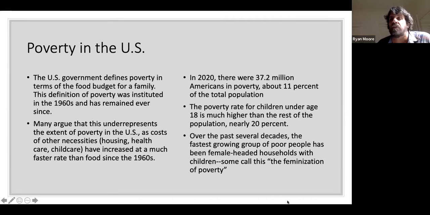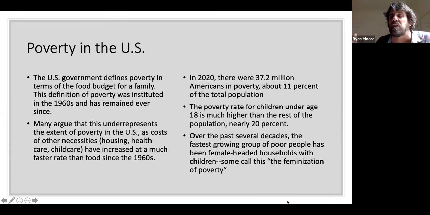The United States government has a measure of poverty that it's basically used since the 1960s. And it's based on the price of food, on a food budget for a family. And so the poverty line, like how much money do you have to make to be considered not poor versus how much money do you have to make to be considered poor, is generally around $25,000 a year for a family of four.